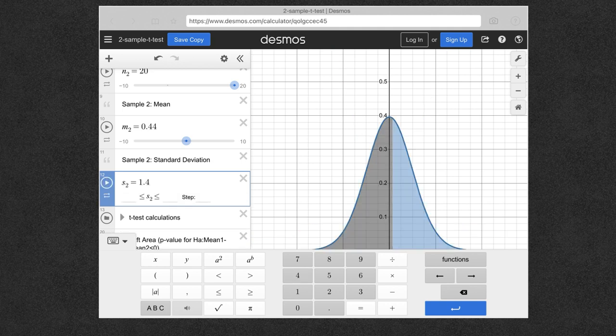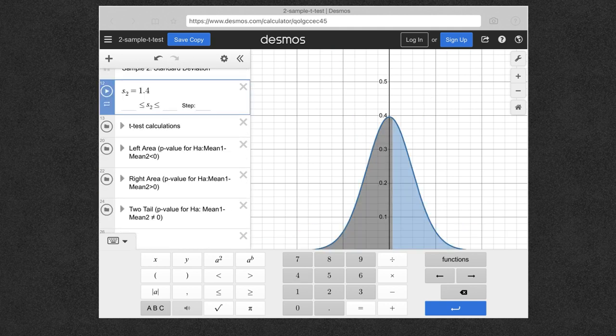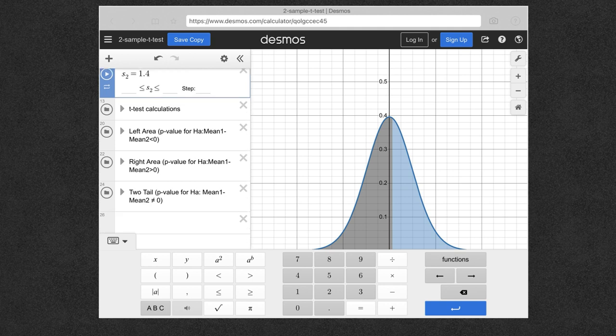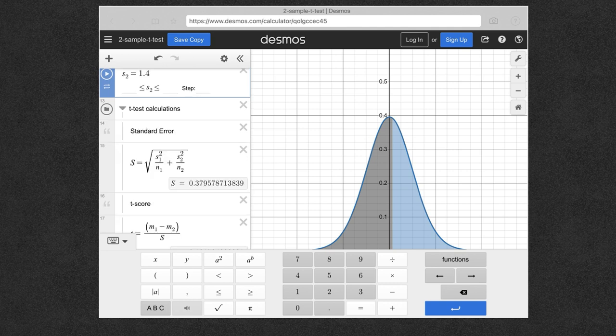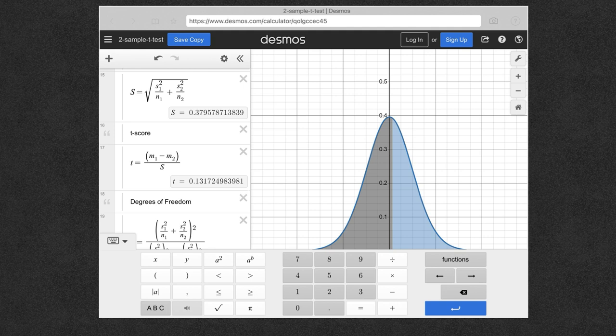After we're done inputting all of the necessary information, or in this case, the statistics from sample 1 and sample 2, we open the t-test calculator tab, and we see that the t-score is 0.132, and that is what we had earlier.